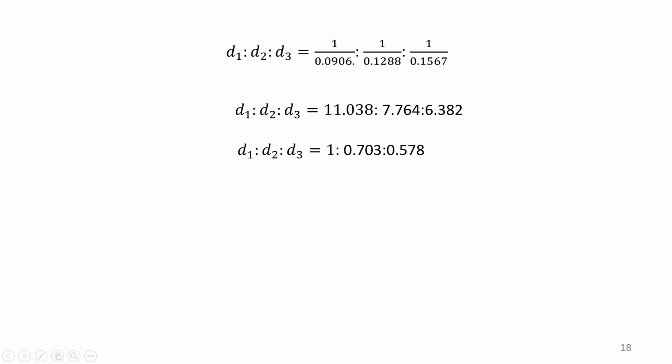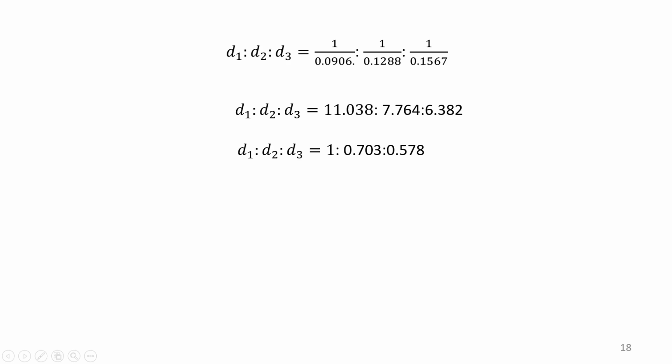Now we get d1 : d2 : d3 is equal to 11.038 : 7.764 : 6.382.